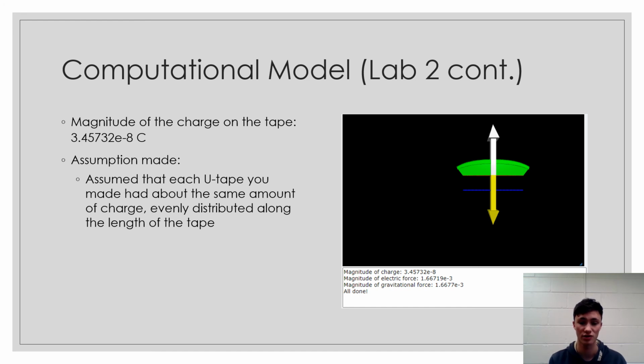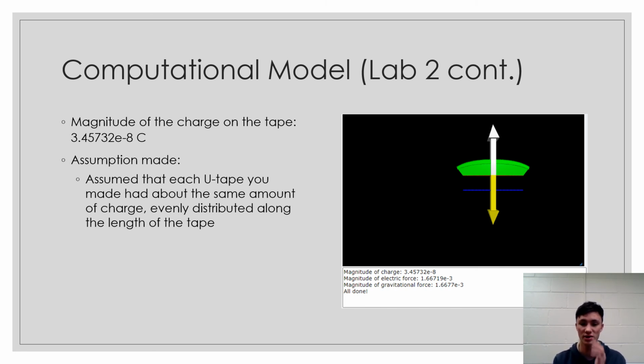Because the electric force needed to be increased, I then played around with using different charge values, and I came to the conclusion that this charge value ended up with an electric force that was very, very close to the gravitational force, which is a lot more accurate. And it is accurate that the system is now in equilibrium.